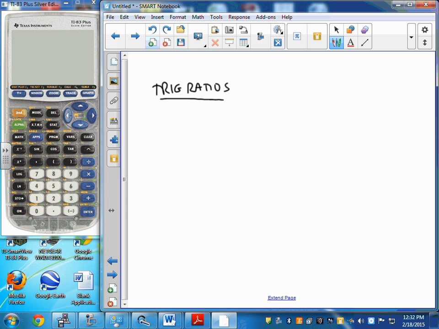You need to know that the tangent of an acute angle, and I'll use the Greek letter theta, is the opposite side divided by the adjacent side. And because this is a right triangle, we can say the opposite leg, if you will. These are going to be the legs of our right triangle divided by the adjacent leg.